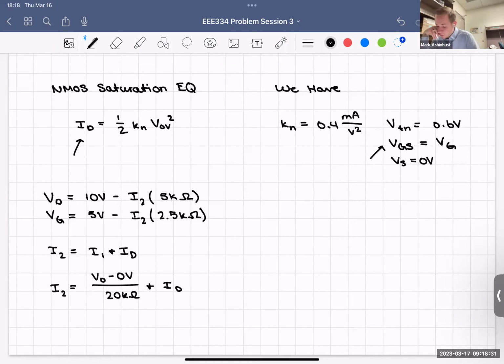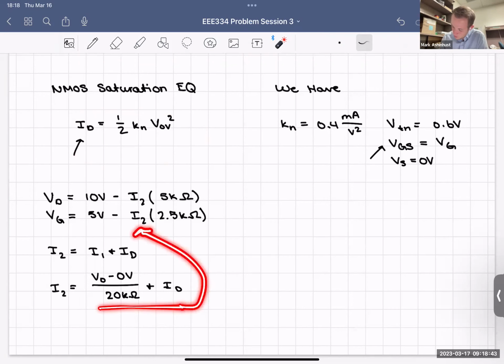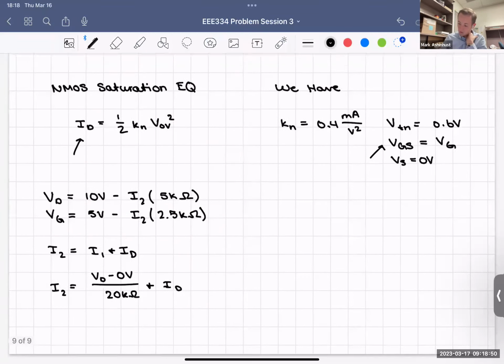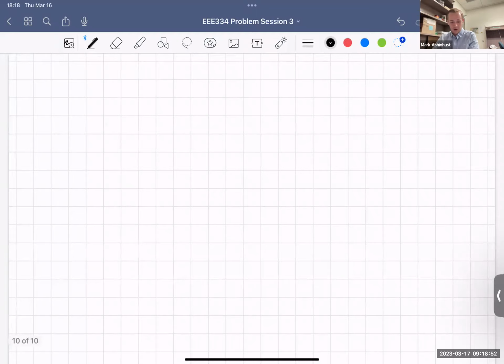Great. So now we have I2 in terms of ID, which we can use in this equation up here. We can put this into this equation, and then we can put this equation into this equation to solve for ID. It's a long process, but it all comes together. So we know that VD, we already wrote it out, is equal to 10 volts minus I2 times 5 kilo ohms.